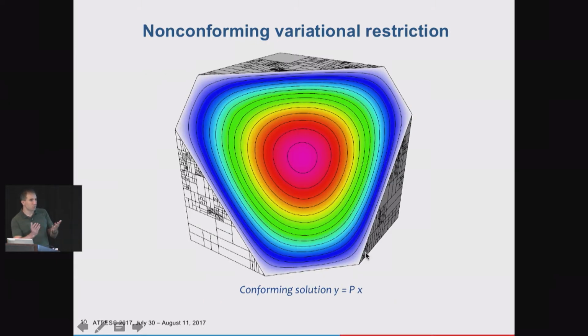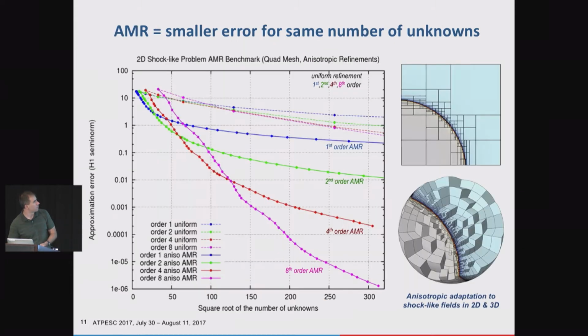Then you apply variational restriction, you solve, and you recover the solution with this P, and you recover a uniform continuous solution. All of this is done for you by MFM under the hood. You don't have to worry about it. You only define things locally, element by element.